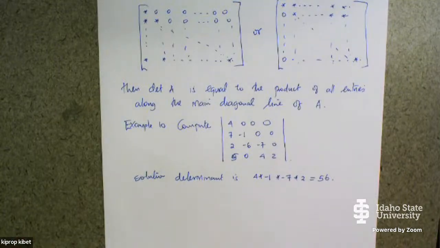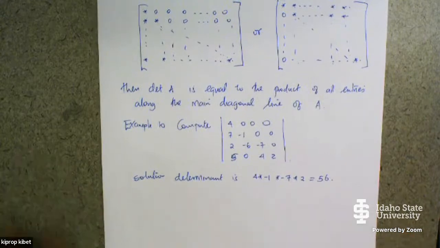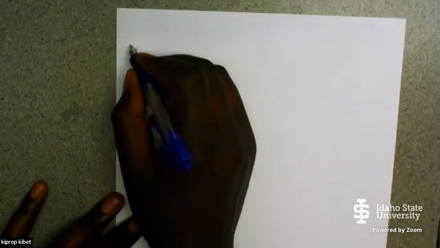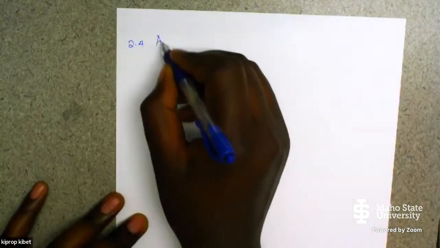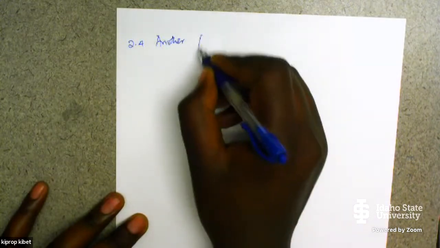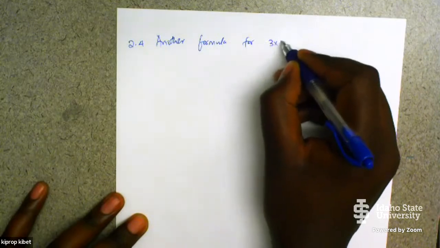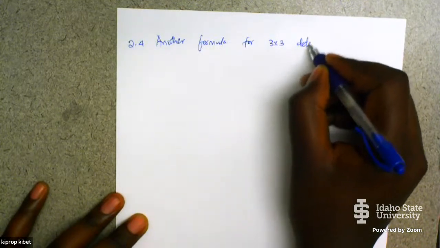Okay, so there is an easy way of getting the determinant of a 3 by 3 matrix. So let's use this one as 2.4, another formula for 3 by 3 determinants.